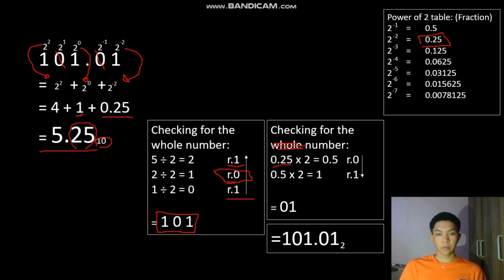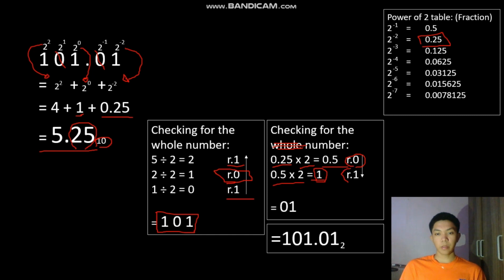So 0.25, we will multiply it by 2. So we have this 0.5 and the remainder of 0. For that 0.5, multiply it by 2 equals 1. When the value of this gets to a value of 1, we'll stop the multiplying.